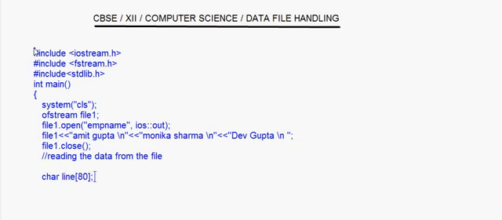Okay, after that I need to have an input stream, that is the ifstream, right? I call it file2, fine. Now this object file2 has to be associated with the file, so file2 dot open, you will give the same file name that you had given above, that is emp name, and ios in.